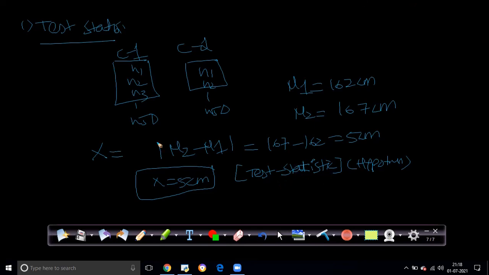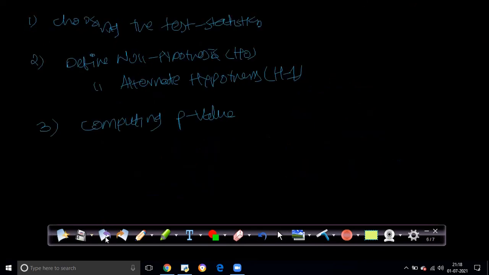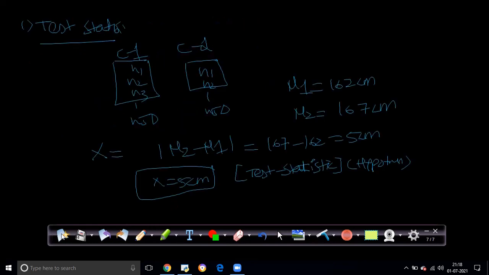Now going to defining the null hypothesis and the alternate hypothesis. Null hypothesis, step 2. Defining the null hypothesis is one of the key areas of hypothesis testing. If your assumption of the null hypothesis is false, then the entire experiment is going to be wrong.